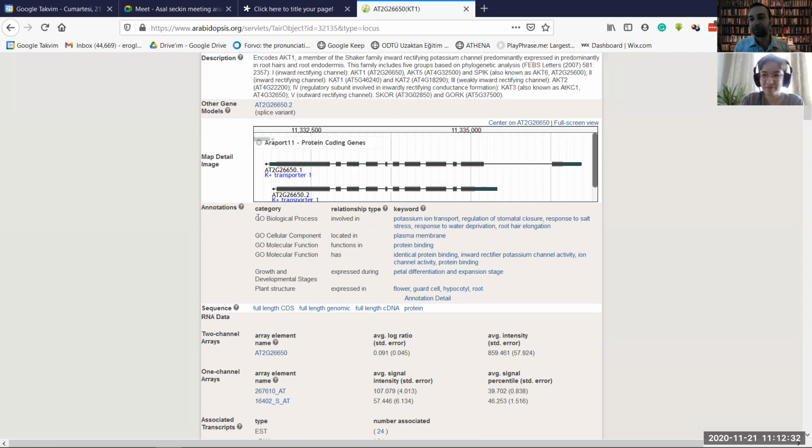People do microarray experiments and they want to examine which pathways are affected by a stress, for example. If every gene is put into some categories, then they can say 20% of the whole genome is involved in, for example, growth and development, I mean genes that are related to growth and development, or 10% of the genome is affected by this stress.